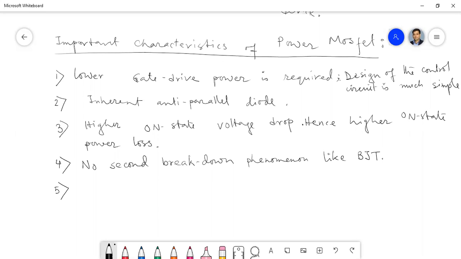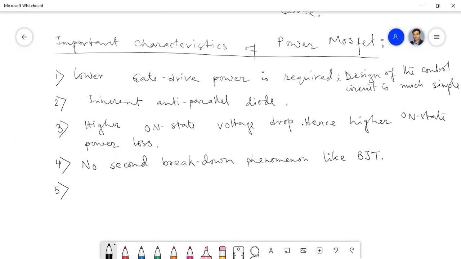One of the portions is due to the second breakdown phenomenon, which I didn't discuss in detail. It occurs in a BJT but not in a power MOSFET, because when current flows in the on state of a MOSFET, there is no junction in the path of the on-state current, but in a BJT the junction exists.